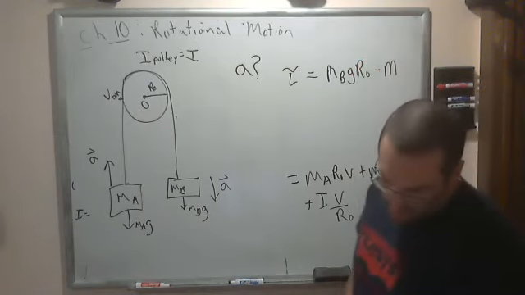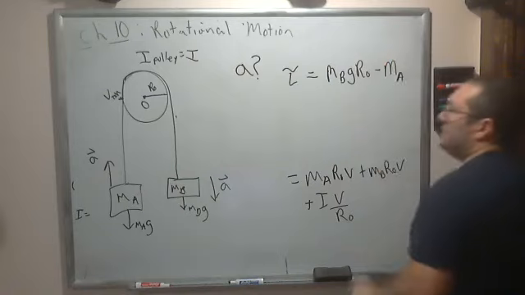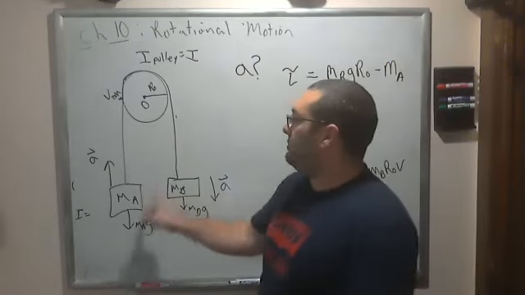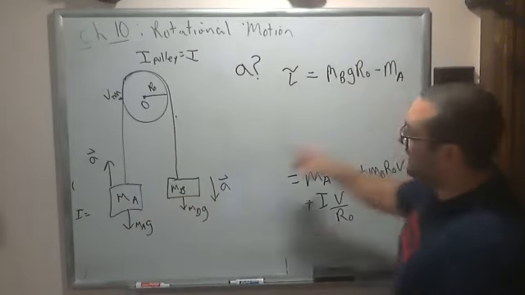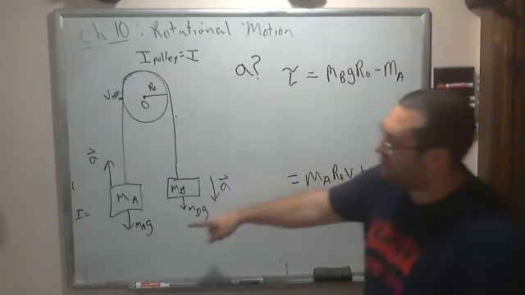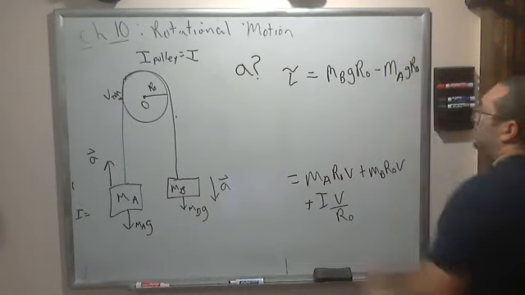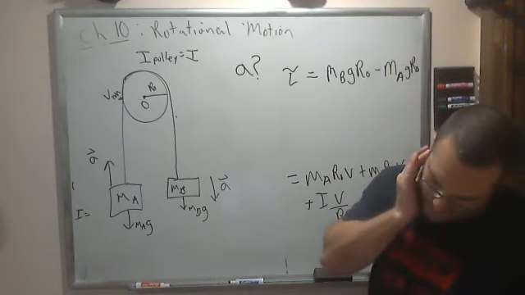We call this direction positive, so this force downwards over here in the counterclockwise direction is negative.